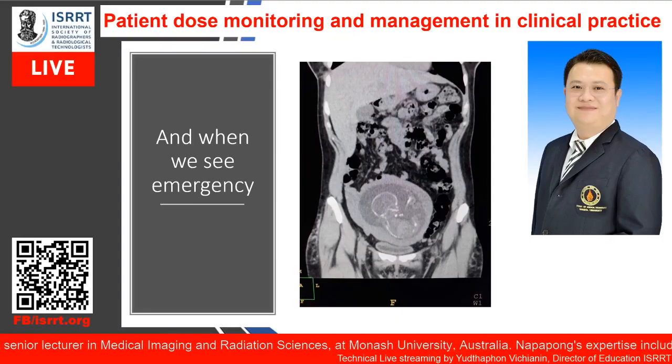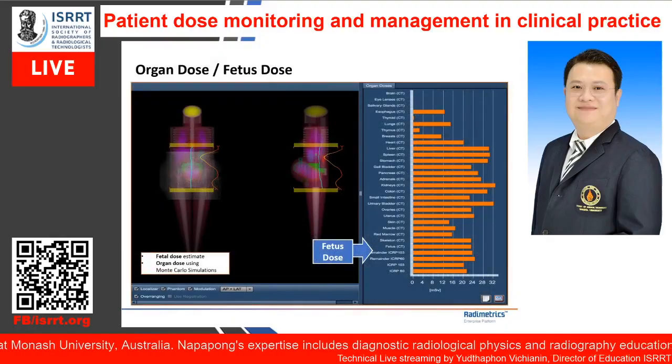When we see this kind of emergency case, if the physicist has to calculate this, we have to fit a lot into the model, or we need to know a lot of dosimetric data. But with the software that we have, the mathematical phantom would fit in.